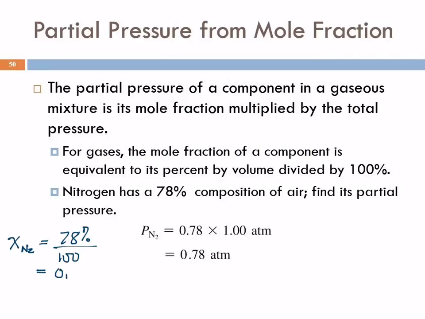So the mole fraction is 0.78. Fractions, as we're using them here, have to be less than 1. So here we've got the mole fraction of nitrogen times the total pressure of air at sea level. And so we find out that the partial pressure of nitrogen is 0.78 atmospheres.